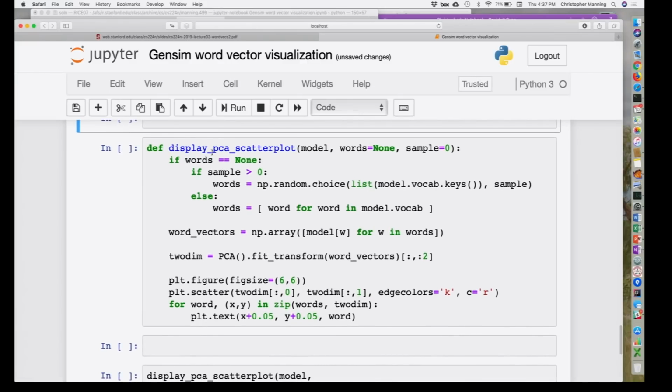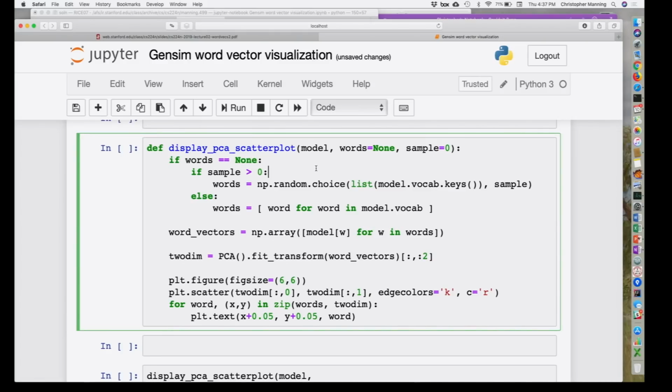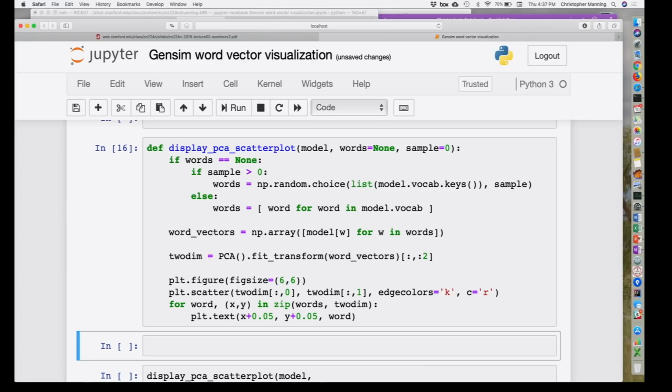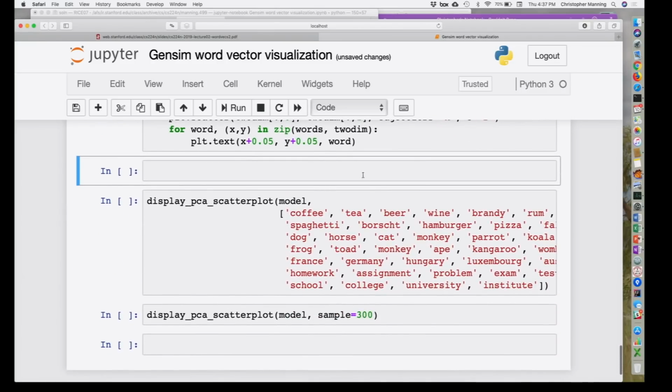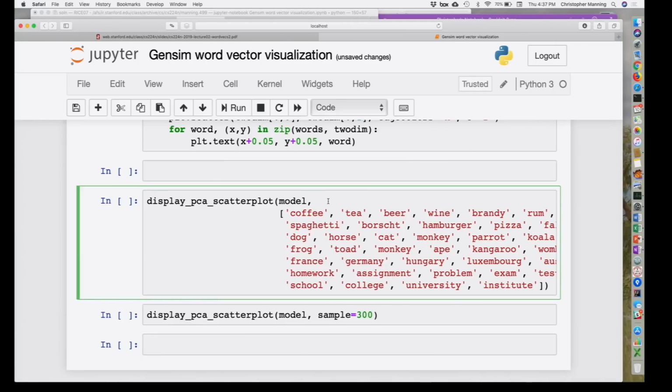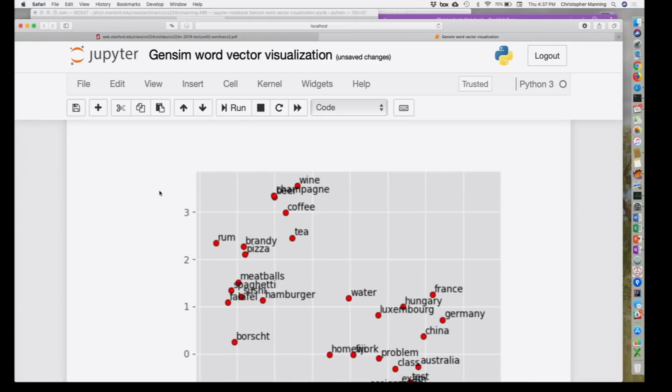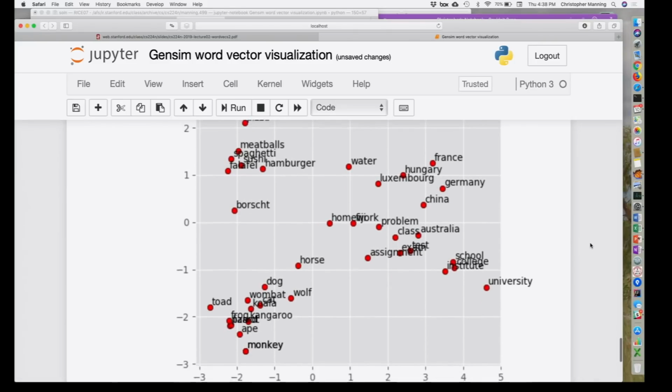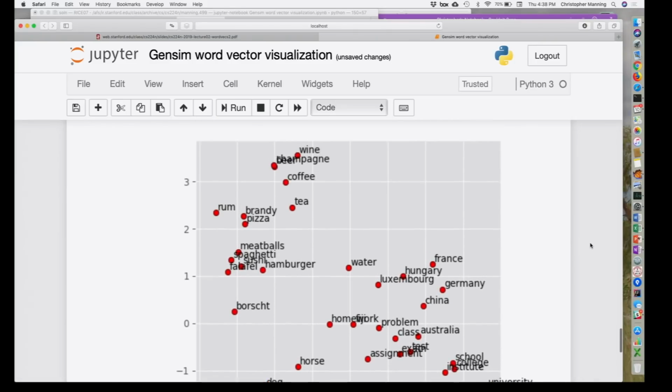And then one other thing I'll just show you: it'd be nice to look at these words as I've drawn them in some of the slide pictures. So this is saying to put together a PCA, principal components analysis, scatter plot. I can give it a set of words and ask it to draw them as a scatter plot. And hopefully, if I can just about fit it in, here is my scatter plot.